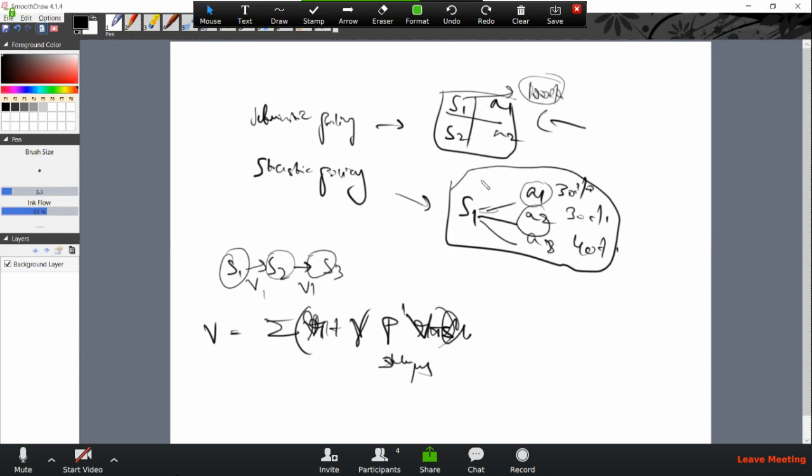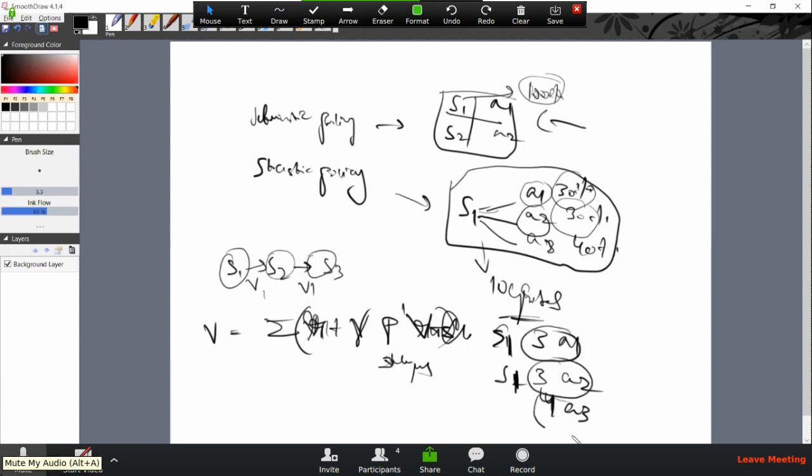But in the stochastic case, what happens? It is acting with some probability. Suppose you are running this policy for 10 episodes. In total 10 episodes, three times for the same state S1 it will take action A1, three times it will take action A2, four times it will take action A3. So it is the same state-to-state transition, but the action it takes is going to differ, because this is probabilistic.